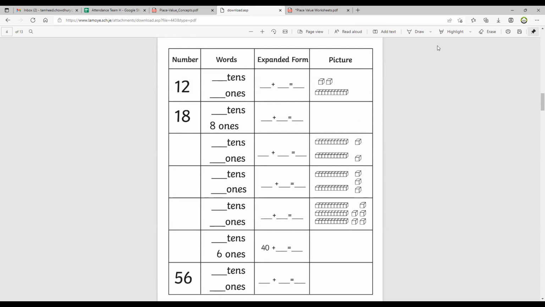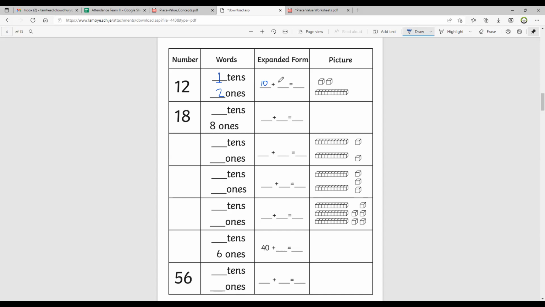This one's easier, and it's kind of like we did it when we were younger, and somehow we forgot, and we get to learn it again. So we're getting deja vu, you can say. So here, the number 12, you can write in words 1 tens, 2 ones, and the expanded form is 10 plus 2.